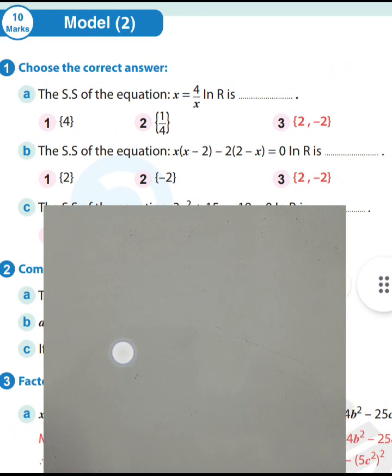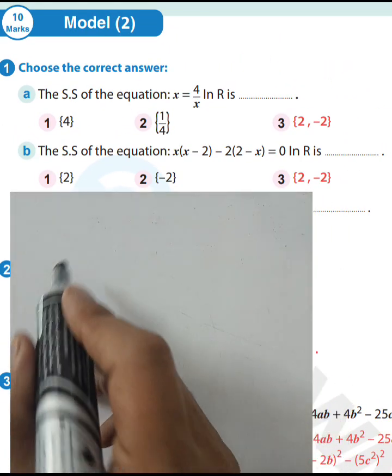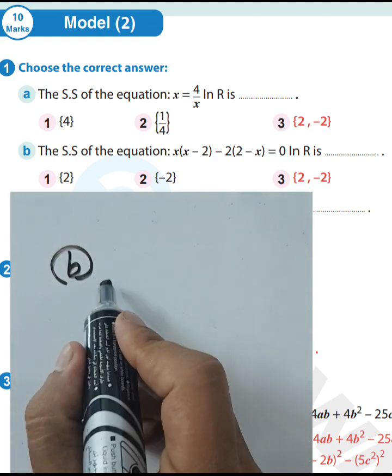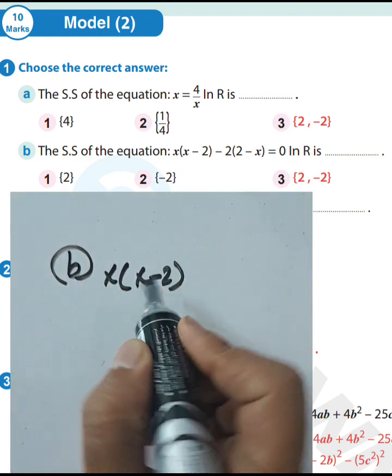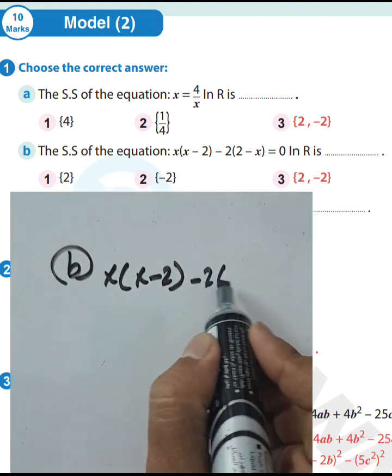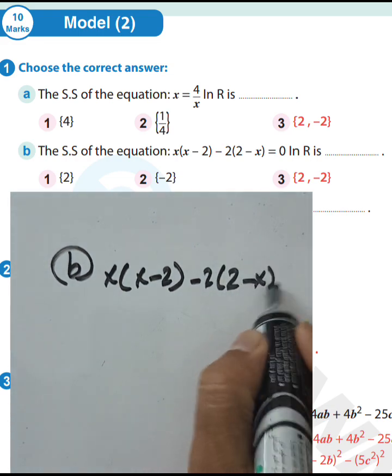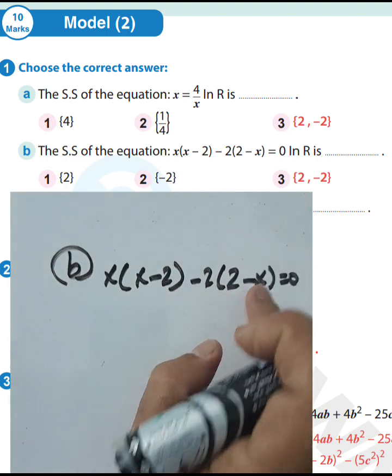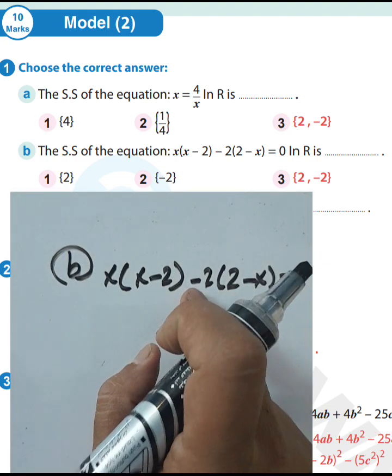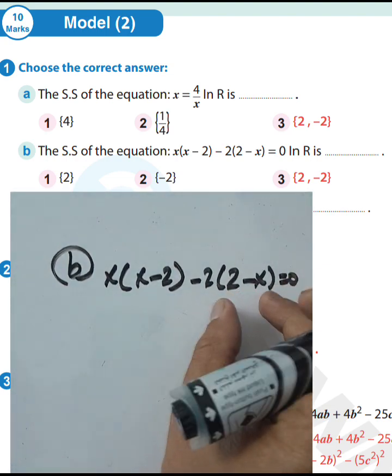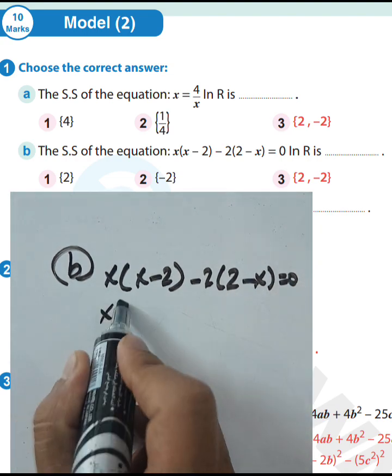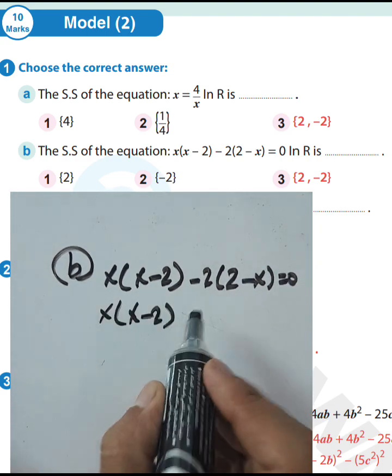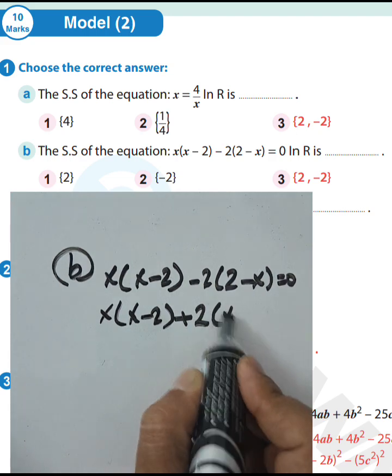Question letter B, the solution set of the equation x product by x minus 2 in the bracket subtract by 2 product by 2 minus x equals 0 in R. We have 2 minus x and x minus 2, so we can repeat it and change the sign outside, right? Negative 1 as common factor between the two terms here. Then we can write x product by x minus 2 plus 2 product by x minus 2.